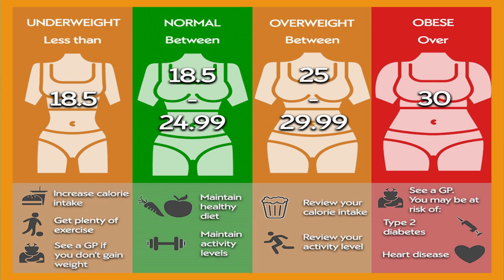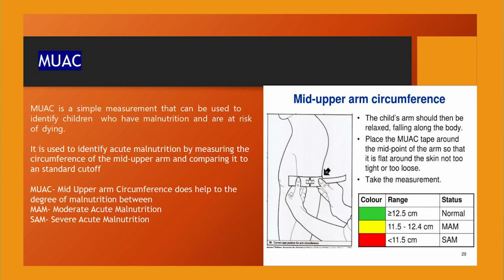So, apart from height for age, weight for age and BMI, the next index which is very important for us to assess the nutritional status of the child or adolescent under the technique of anthropometry is MUAC.